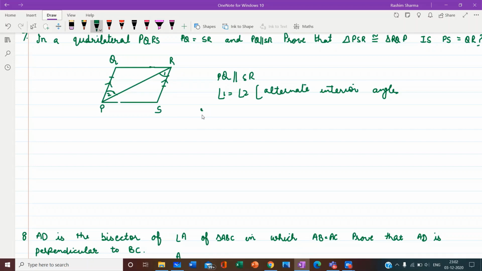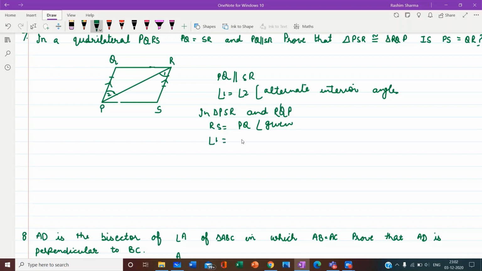Now we will take the triangles: triangle PSR and the second triangle is RQP. Here we are given side RS is equal to PQ. This is given.